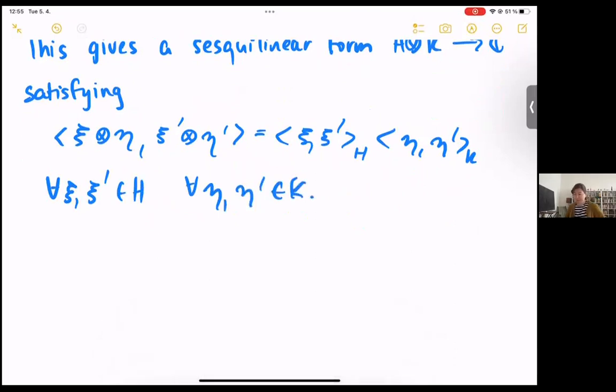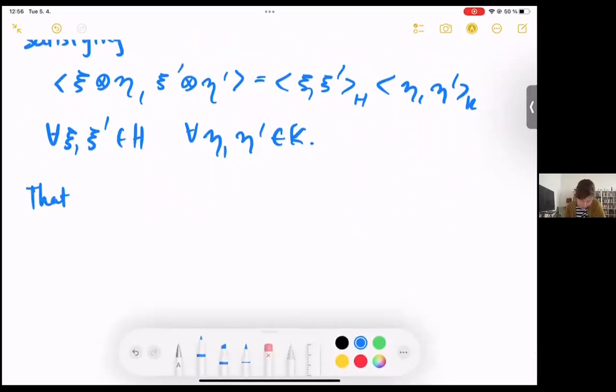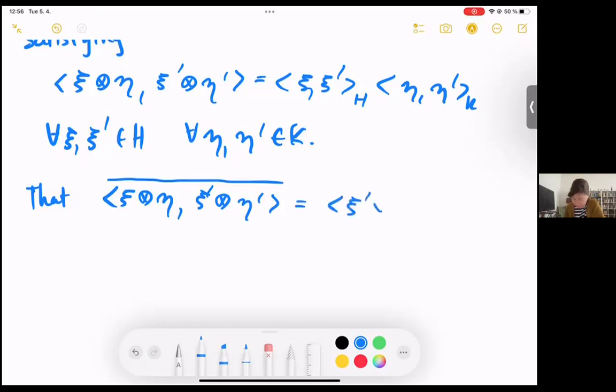Okay, so what we need to do is check that it, in fact, gives us an inner product. So the fact that it will satisfy the complex conjugate of this is swapping. Well, I guess we want this for everybody in there, not just these simple tensors, but it will follow very easily.